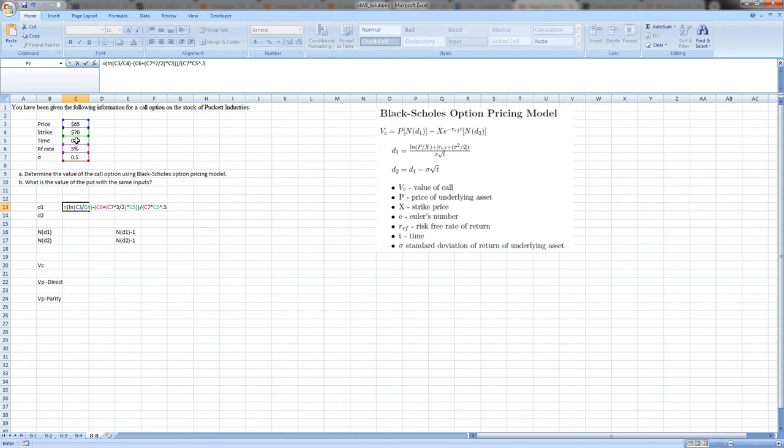Note here you can either take time to the power of 0.5 or use the SQRT function.